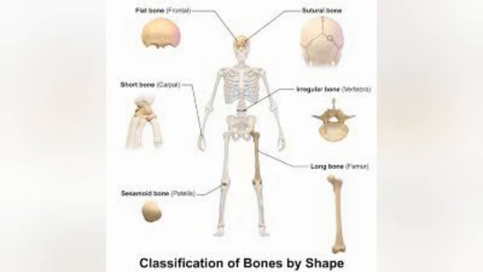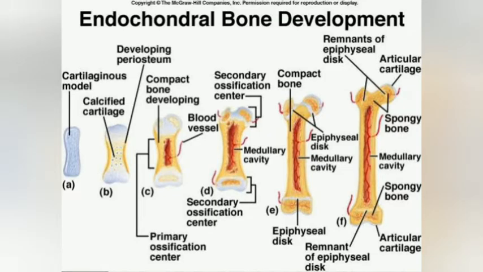Few bones ossify after birth also. Few bones begin their primary ossification after birth, and this primary ossification which occurs after birth is responsible for the formation of the diaphysis of long bones.